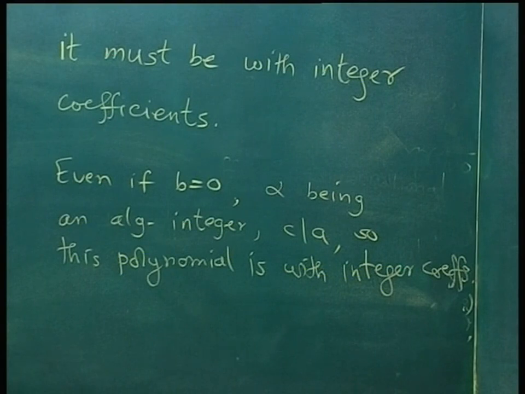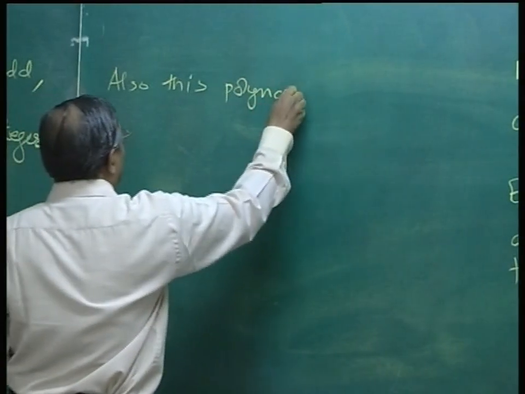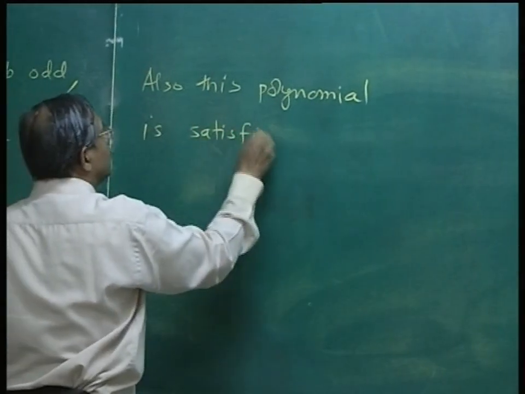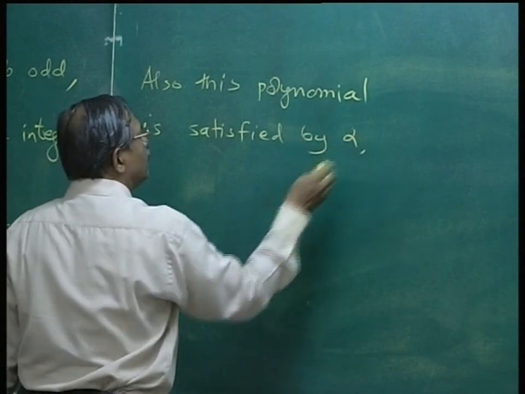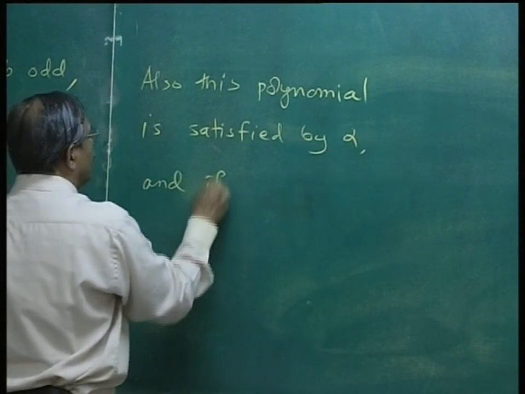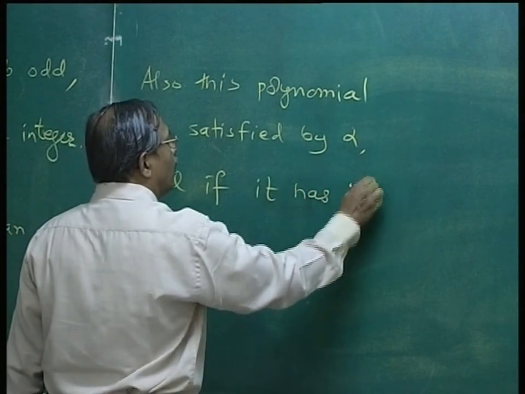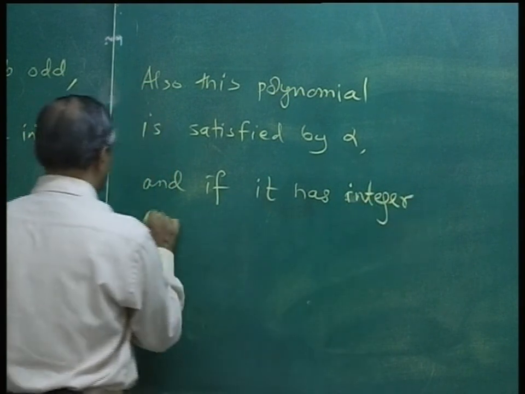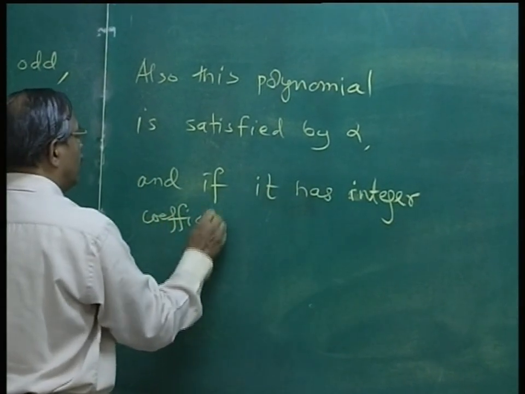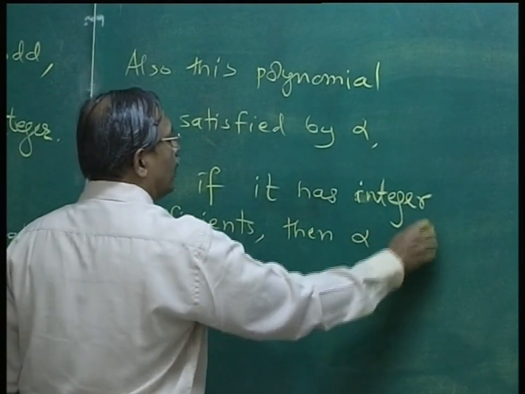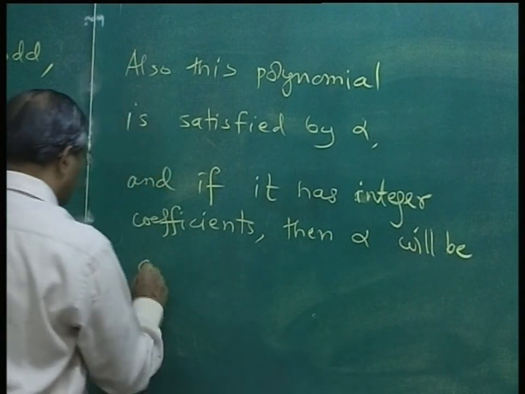Now this polynomial is satisfied by alpha also. If it has integer coefficients, then alpha will be an algebraic integer.